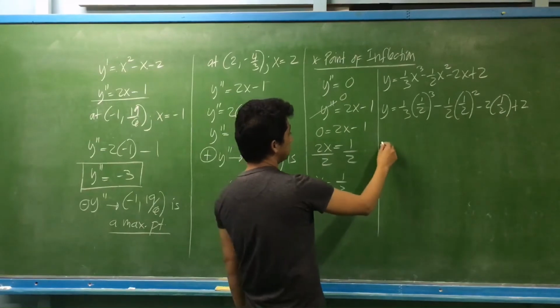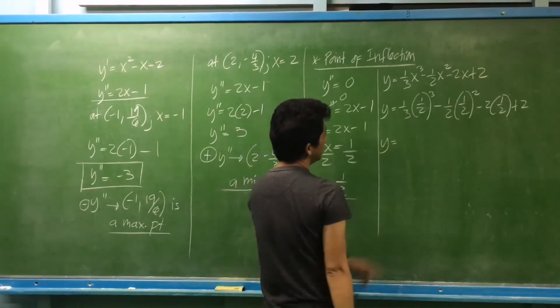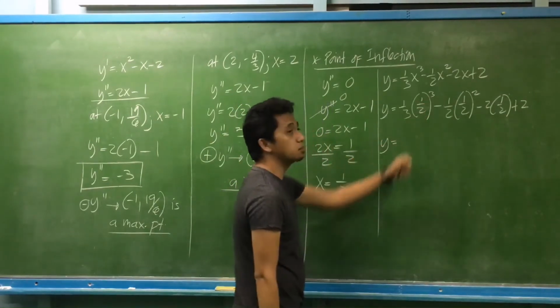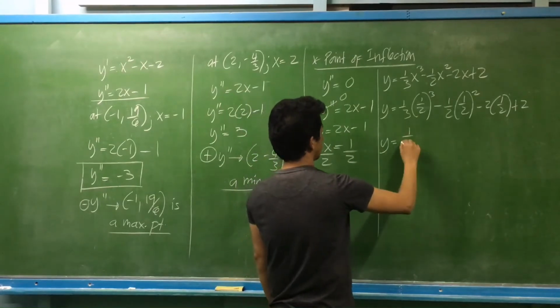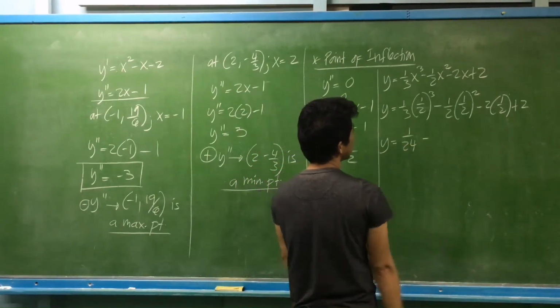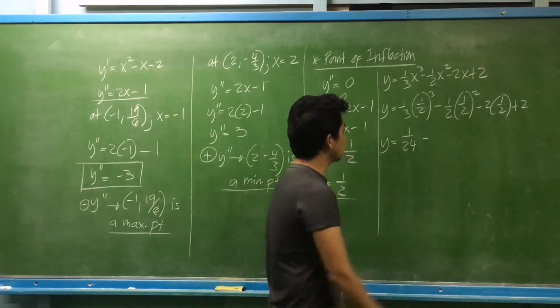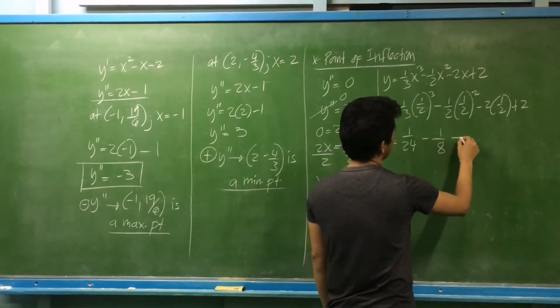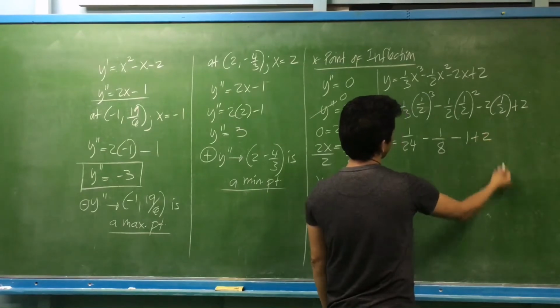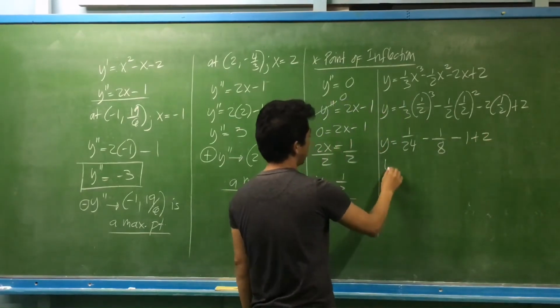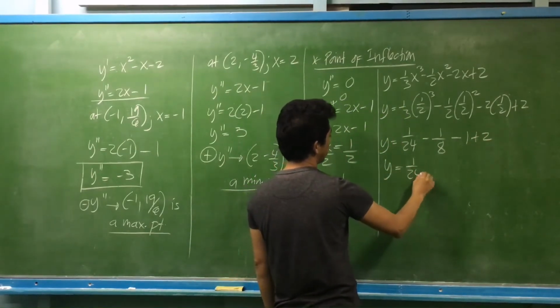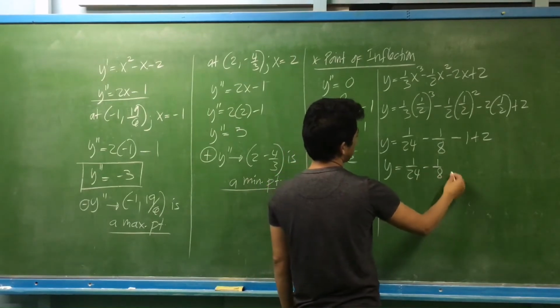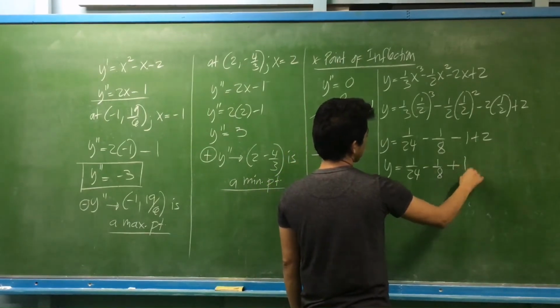So we have the value of y is equal to 1 over 8 times 1/3 is 1 over 24 minus 1/4 times 2 is 1 over 8. Then this is minus 1 plus 2. We have y is equal to 1 over 24 minus 1 over 8 plus 1.